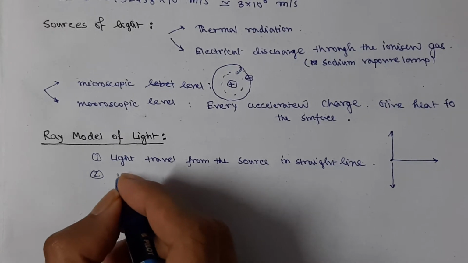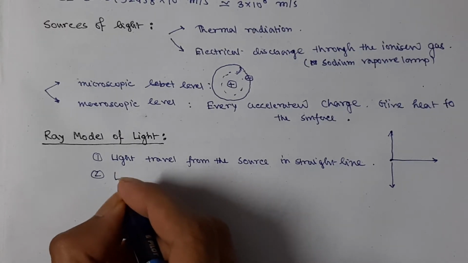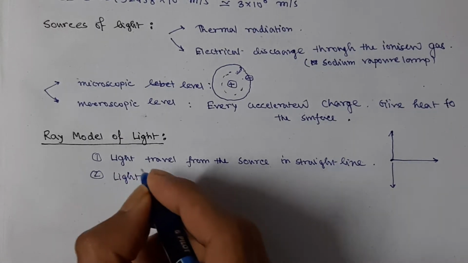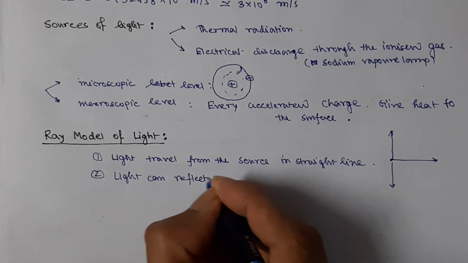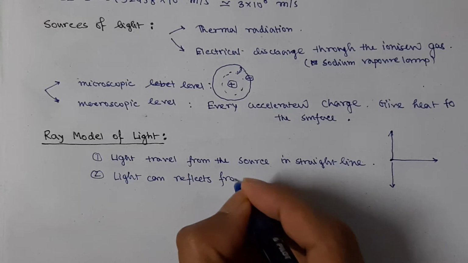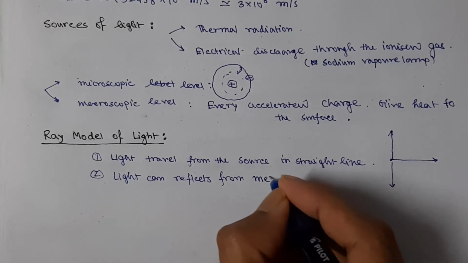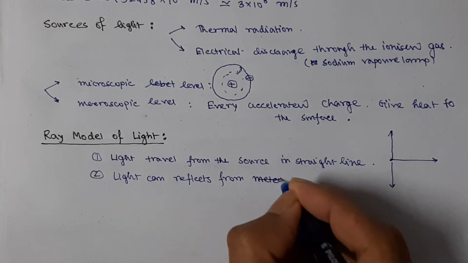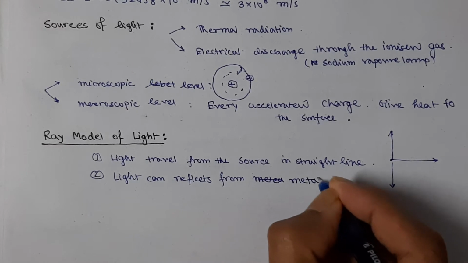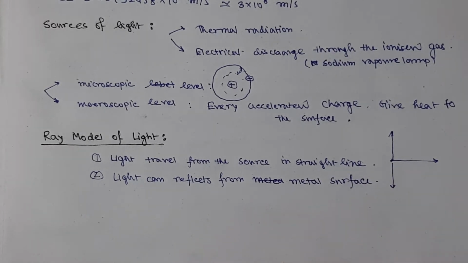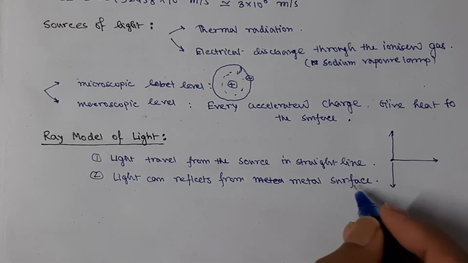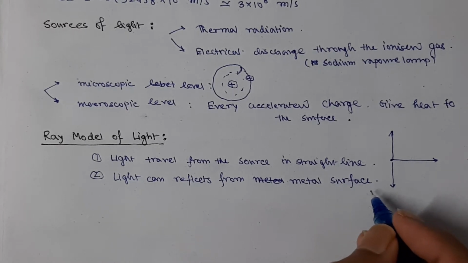Second, light can reflect from the metal surface. We also learn why the metal surface reflects light.